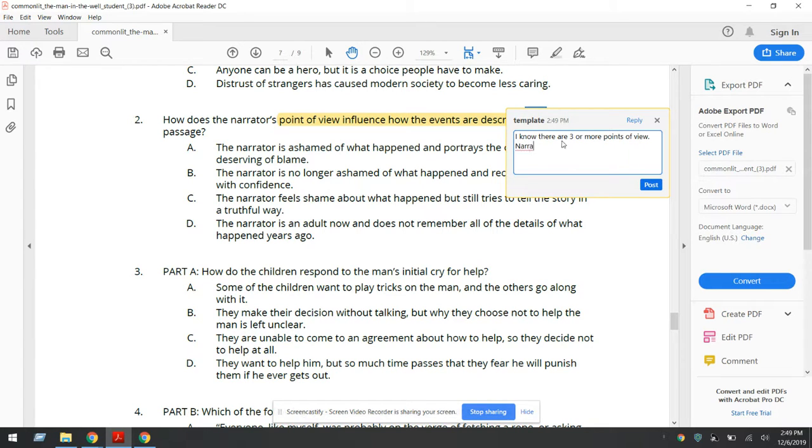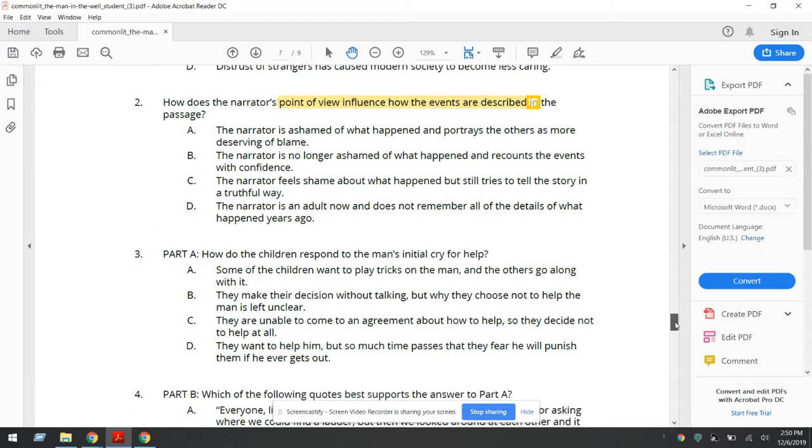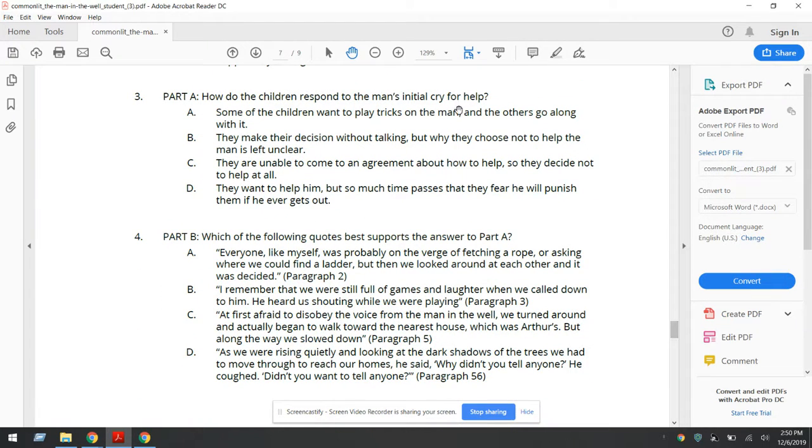There was the narrator, which was first person, and I think he was trying to help the man in the well. Then there was the man in the well, who was the person who was stuck or in trouble. And then there were other characters, but I'm not sure what part they played, so I'll look for that tomorrow.